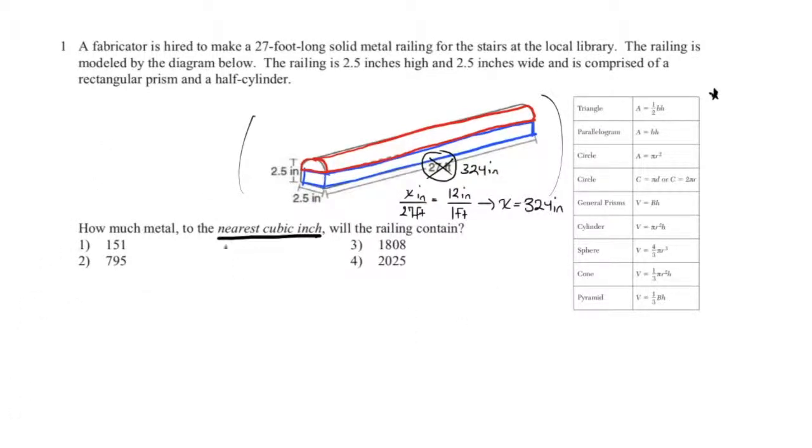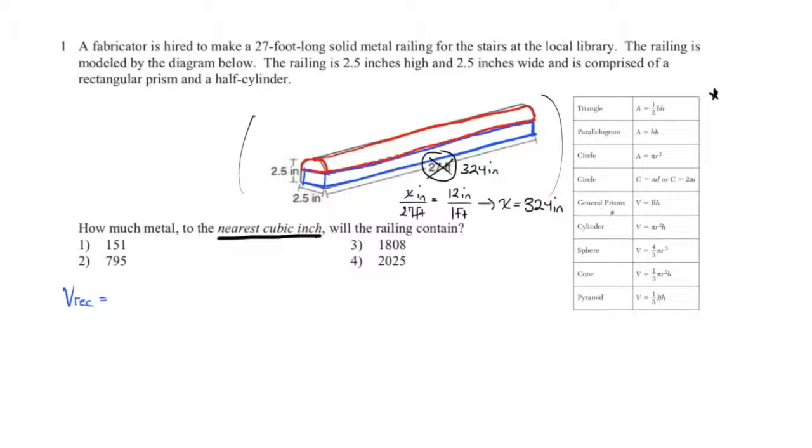Now this is of course a composite volume problem, and we're going to calculate the volume of the whole shape by calculating the volume of the simpler shapes individually and adding them together. We're going to start with the rectangular prism.